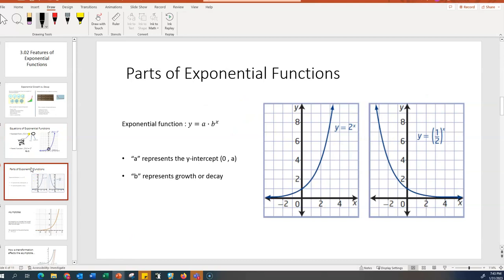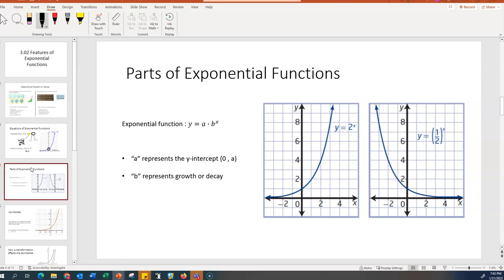We kind of mentioned this before, but in an exponential function, a is going to represent the y-intercept. So in a y-intercept, x is always going to be 0, and a is your y-intercept, the y value specifically. If you just have one number to the x, you can assume that a is 1.